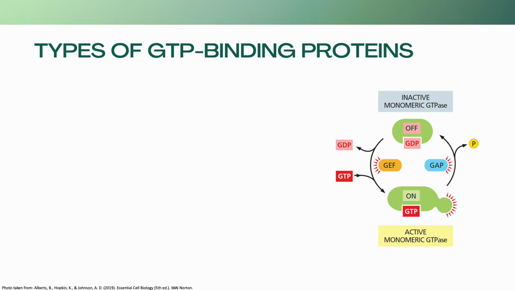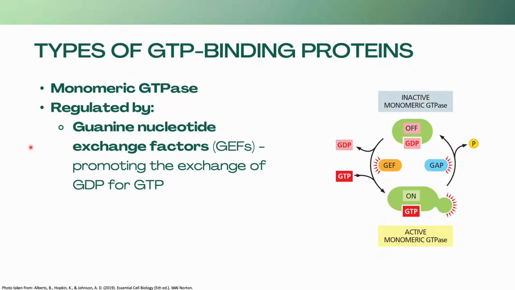Now there are two types of GTP binding proteins. The first one are called monomeric GTPases. Now these monomeric GTPases are only composed of one protein subunit, that's why they are called a monomer, and they need the help of certain regulators in order to function. The first one is called guanine nucleotide exchange factors, or GEFs for short.